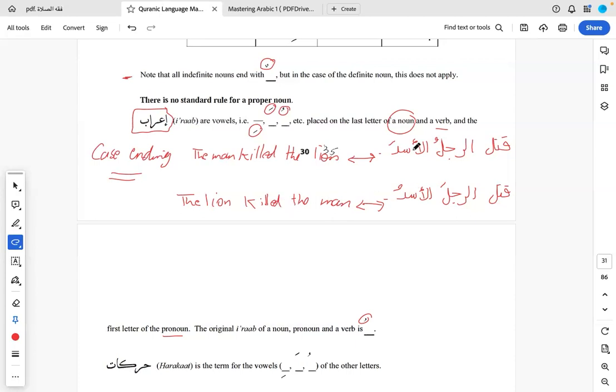But at least now we have an idea that the doer of the action of a verb should end with a dhamma, while the object should end with a fatha all the time.